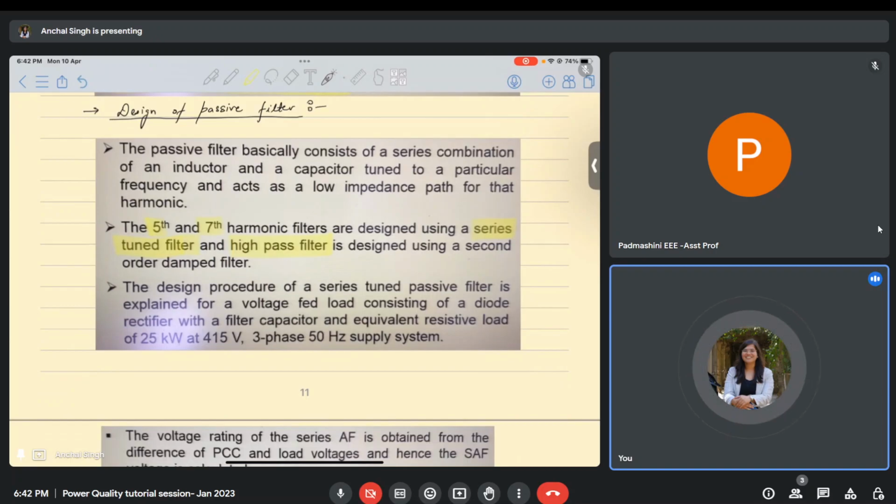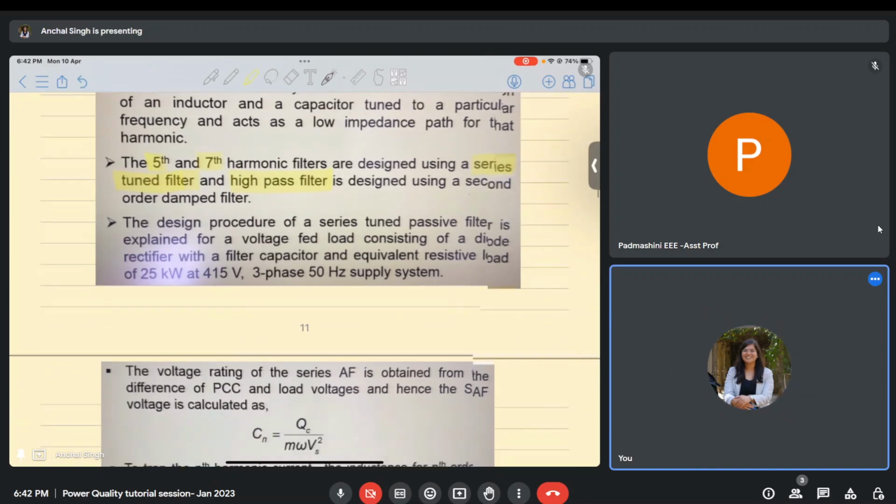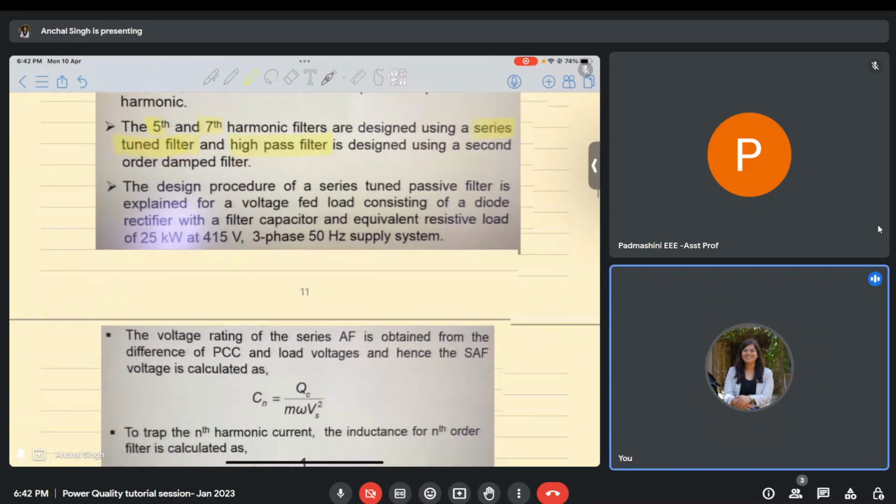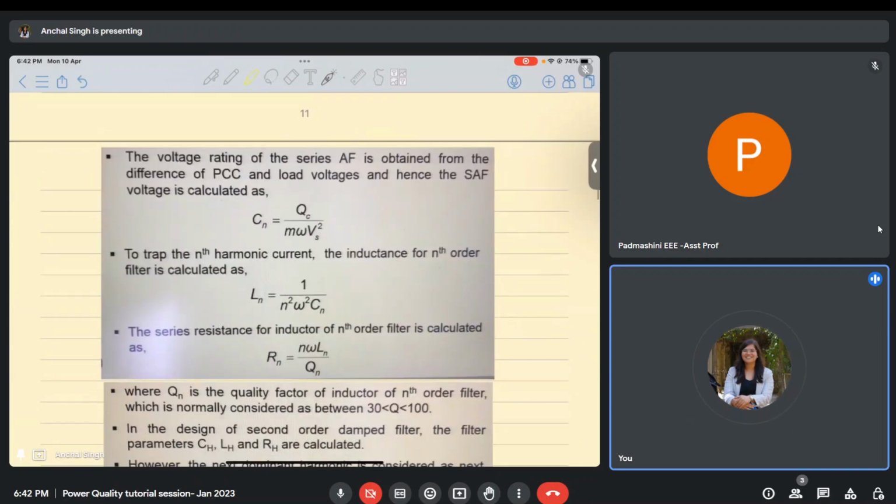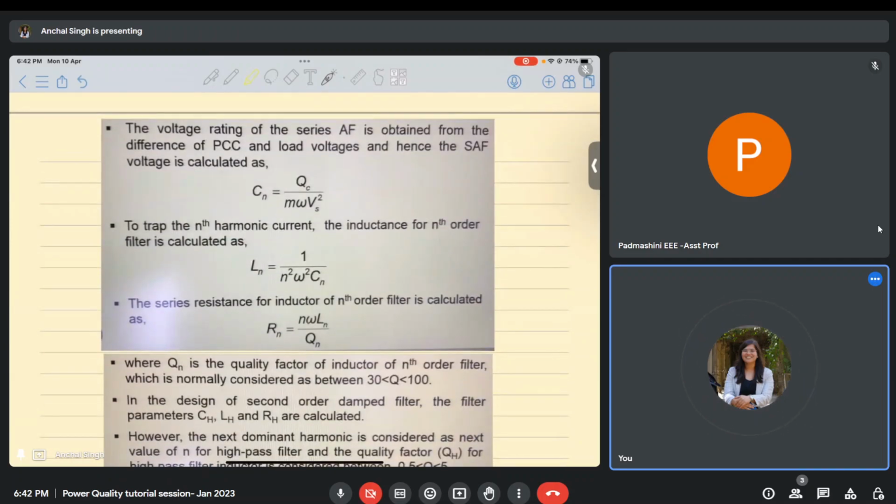Then, the design procedure of the series tuned passive filter is explained for voltage fed type of load. If you look at the design procedure for this particular rating of 25 kilowatt load, first of all we start by calculating the reactive power requirement of our system.